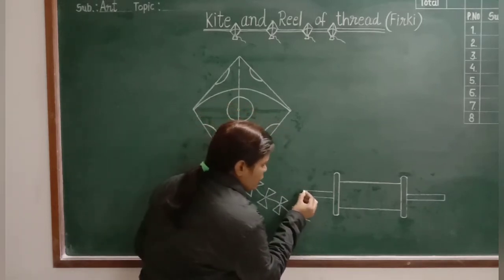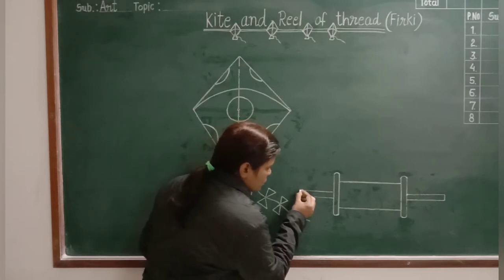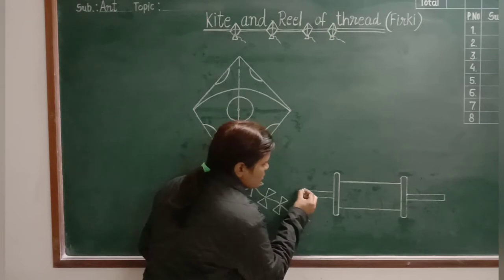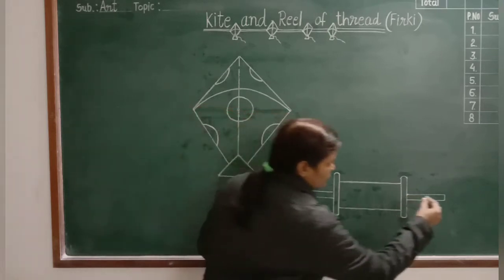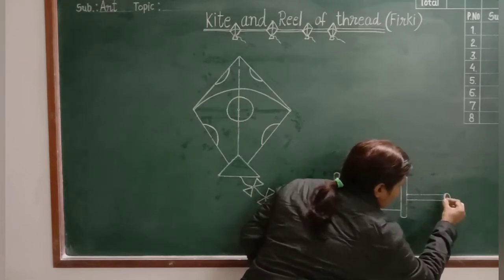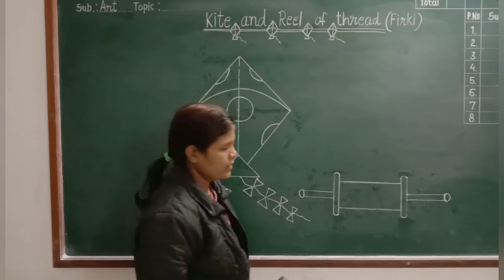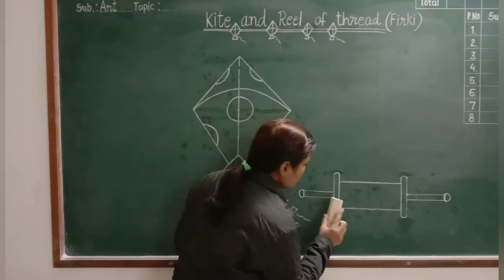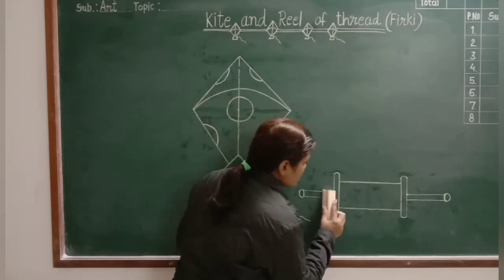Now here we will draw oval shape. Okay, oval shape. Both the side. Okay, like this.